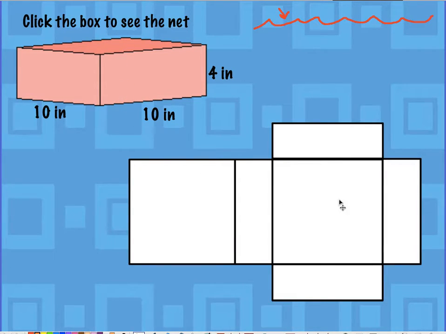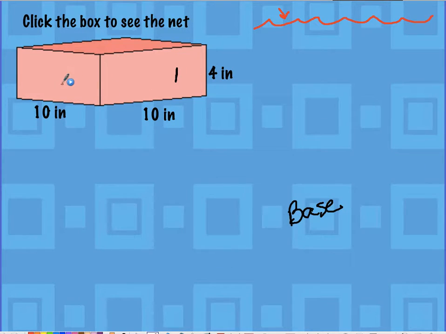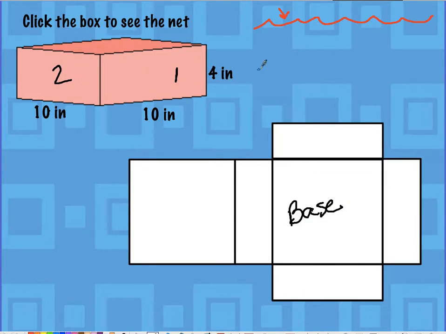Okay, so in this case, here's my base. So here's the bottom of the shape. And each of these are my walls. So here is 1, 2, and I know it's going to keep going back and forth, I apologize. So 1 and 2.